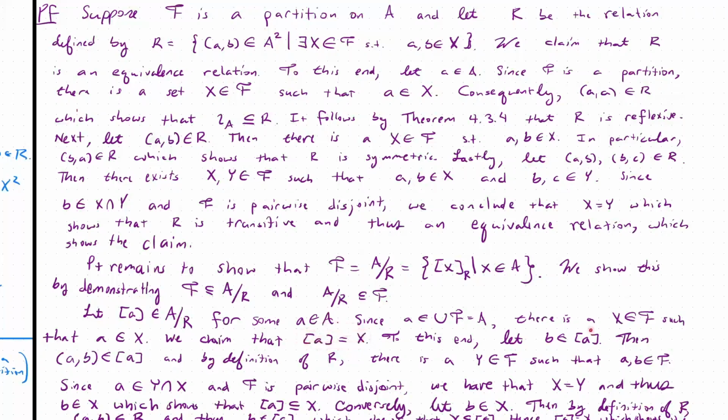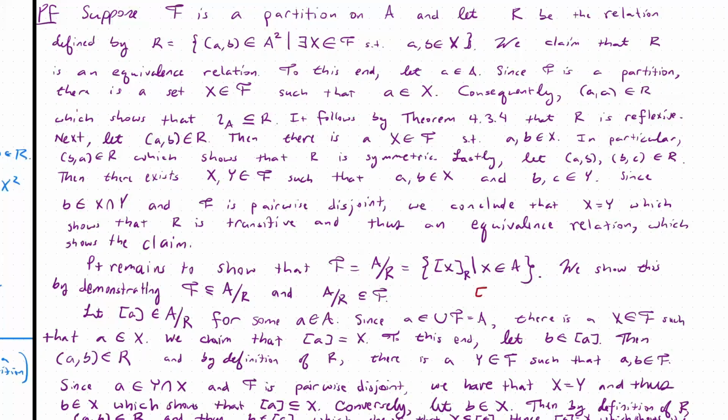So we're going to choose a b in the equivalence class of a. That tells us that, oh, one second, there's a typo here. Here it should be (a, b) is in R. So remember that the equivalence class, by definition, let me just write that down since there was a typo and I want to emphasize.